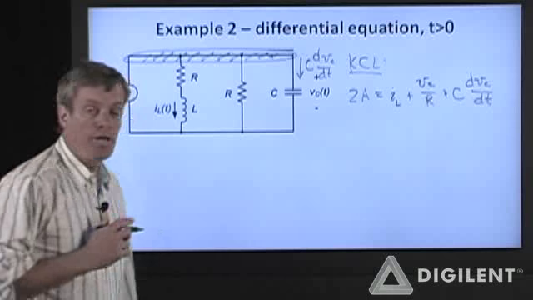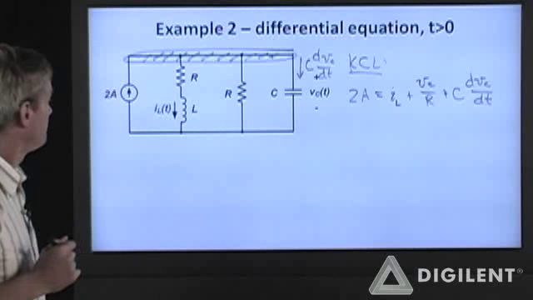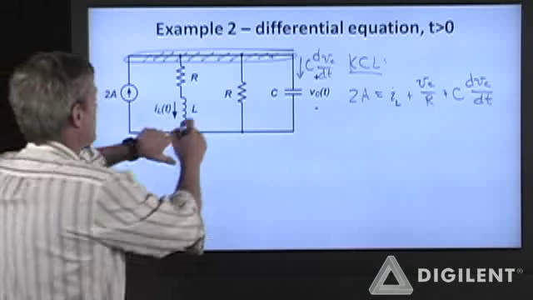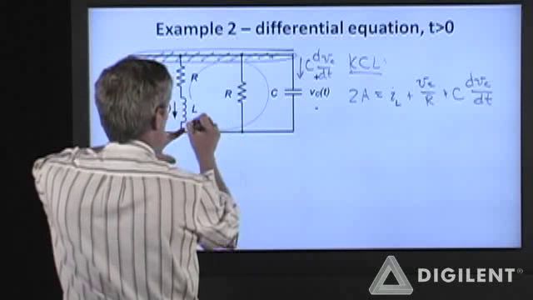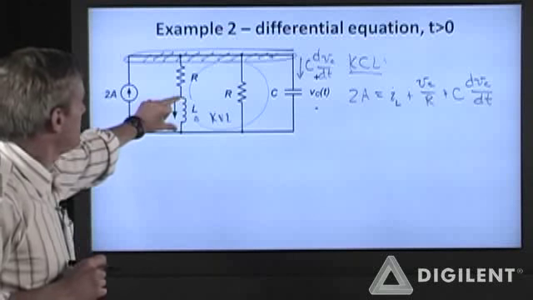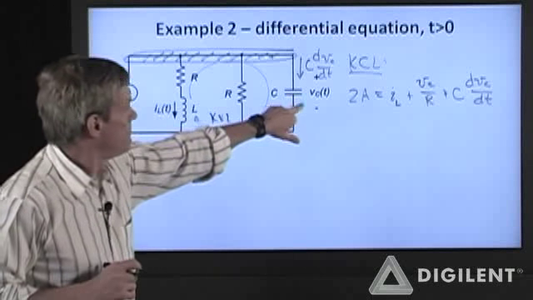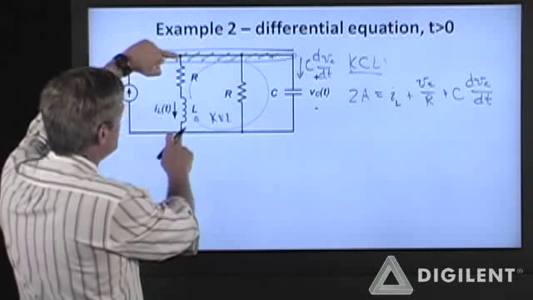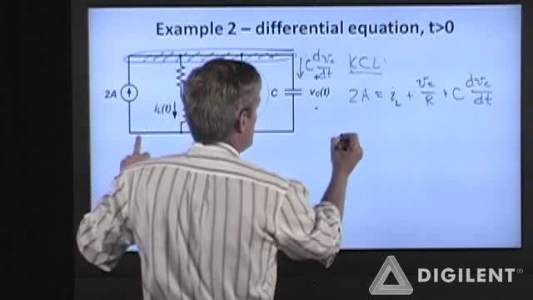Now I need one more equation. It's usually worthwhile standing back and looking at it for a minute. If I loop around here, I'll get a dIL by dt term and a VC term, which is probably a good thing. So this voltage here is equal to this voltage here.